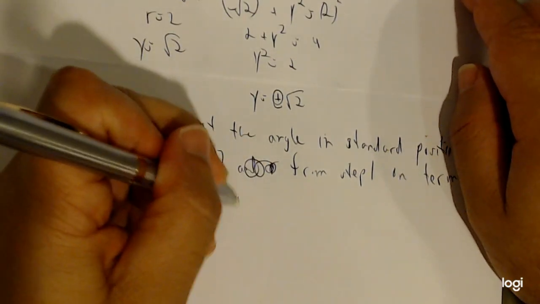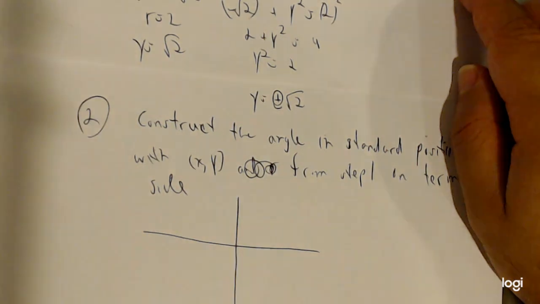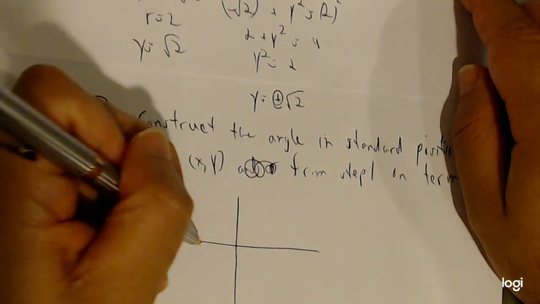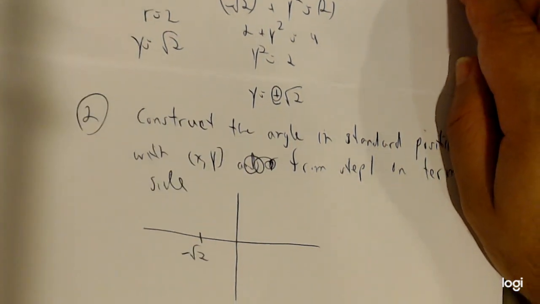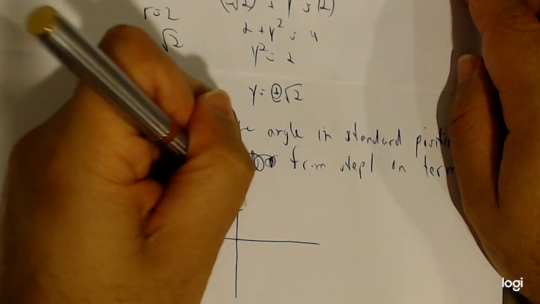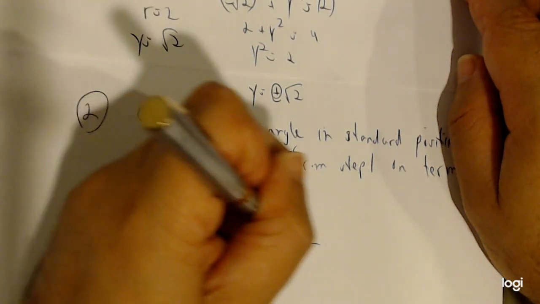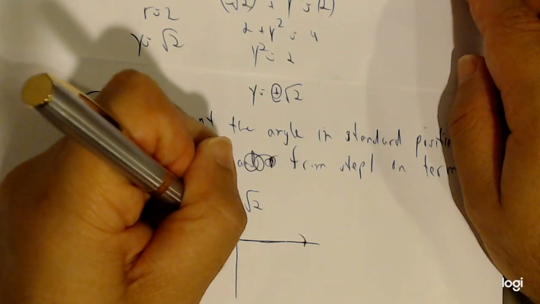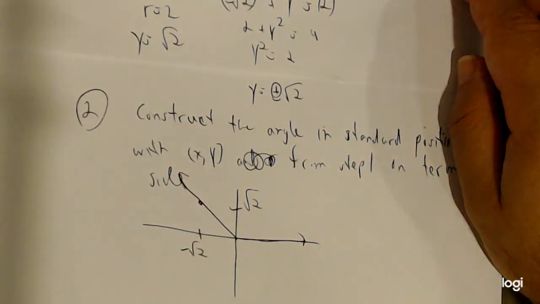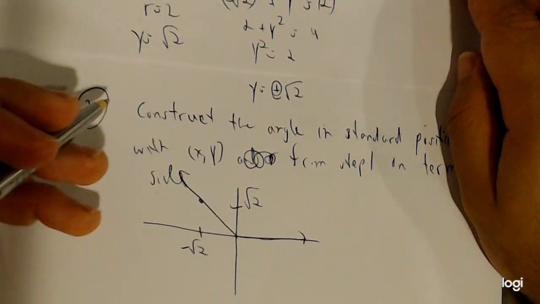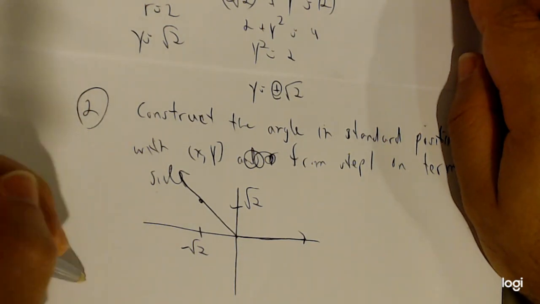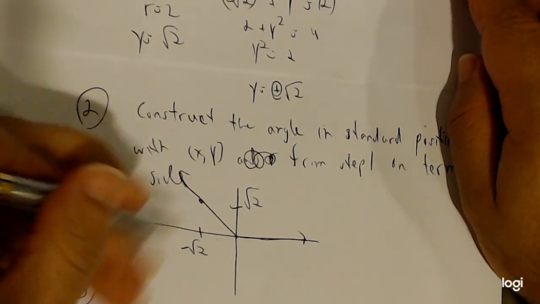So what we're basically saying is this. We have x is negative rad 2, y is positive rad 2. So that point we're talking about is here. So that's my terminal side. Okay? And then step 3, I'm going to use the same picture.